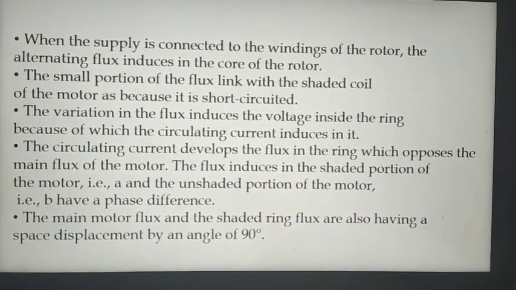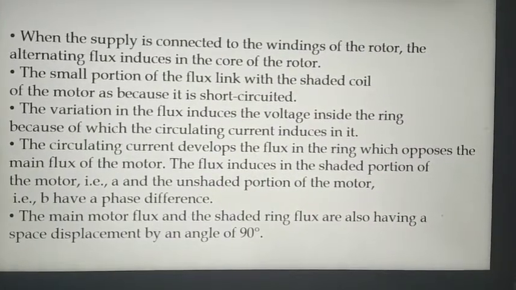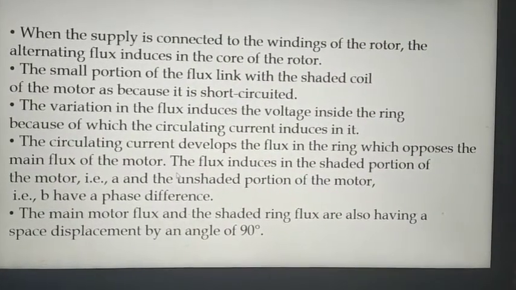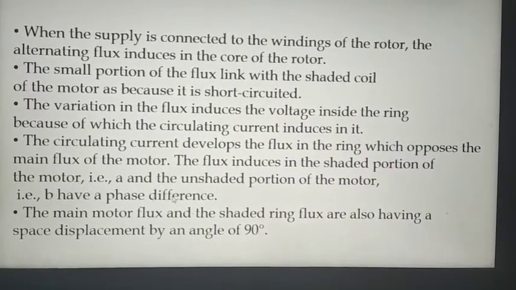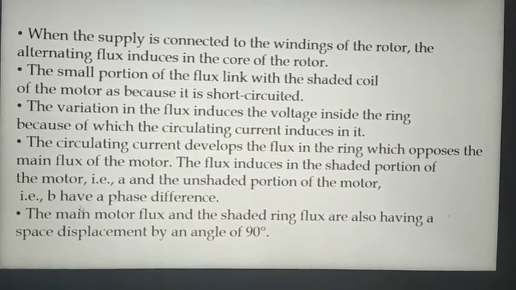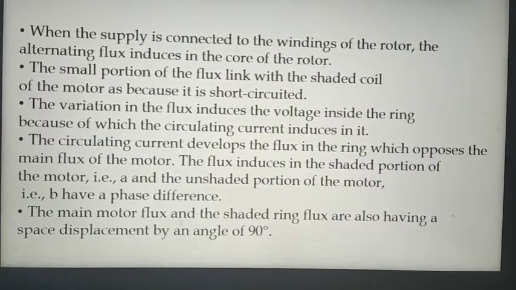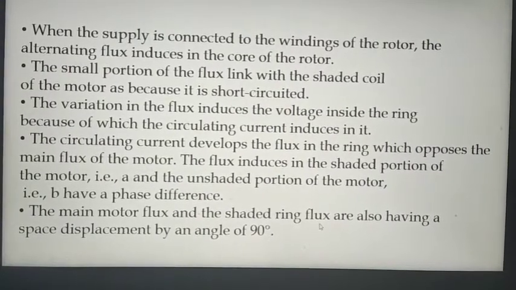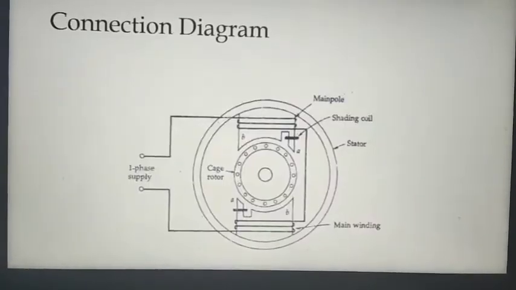The circulating current develops a flux in the ring which opposes the main flux of the motor. The flux in the shaded portion and the unshaded portion of the motor have a phase difference. The main motor flux and the shaded ring flux also have a space displacement of 90 degrees.